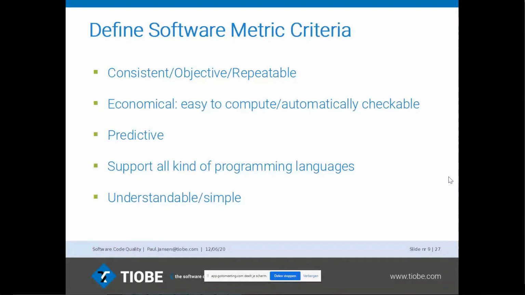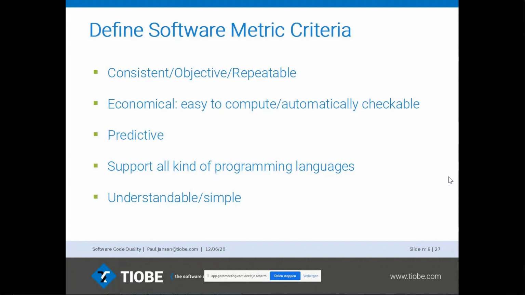In some languages you have the notion of a friend class, but that is only limited to object-oriented languages and only for specific ones. C++ has friend classes, but as far as I know, Java has no friend classes. So that's a metric that only holds for one specific programming language.